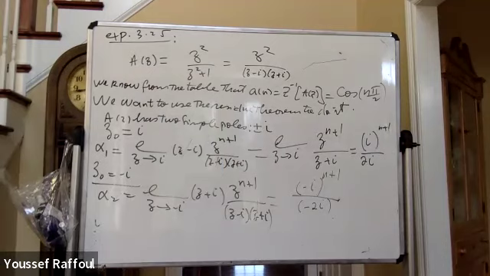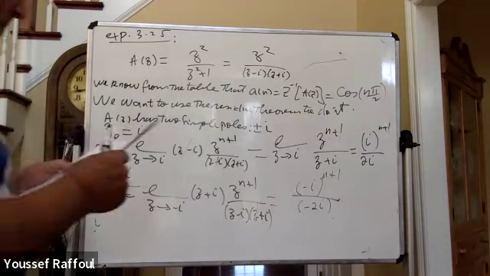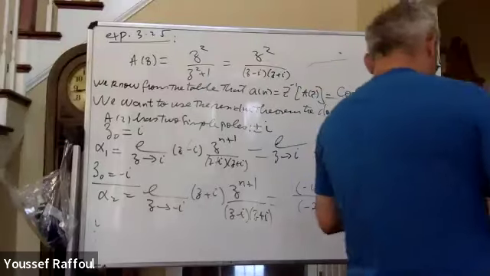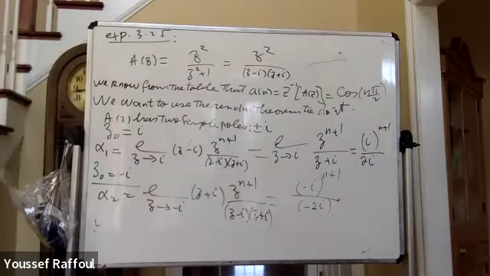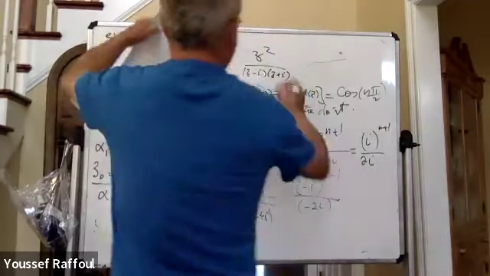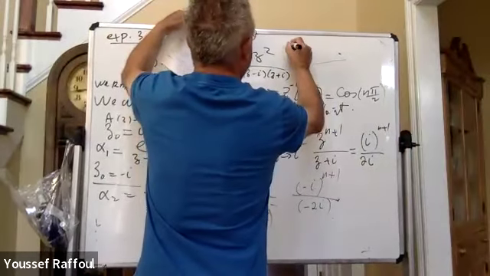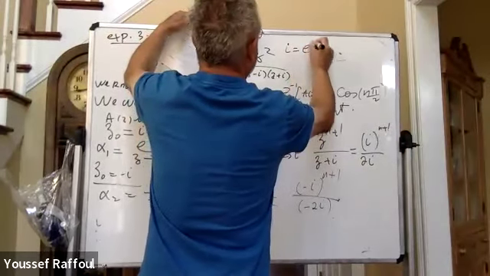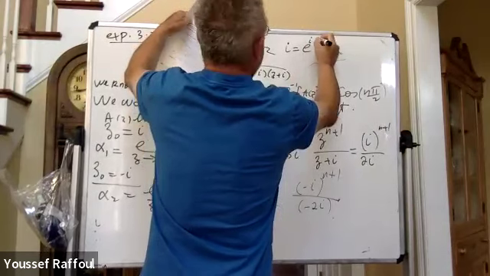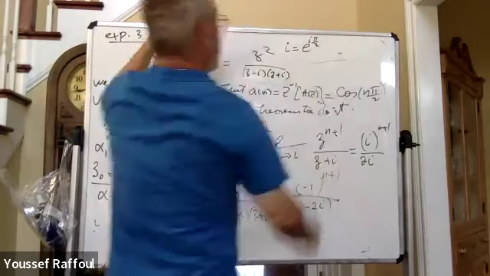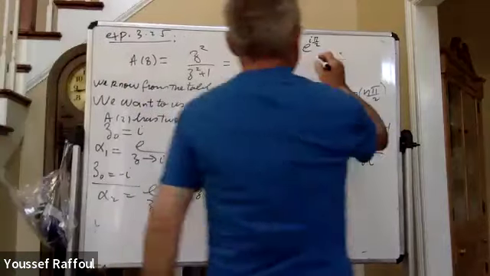All right. Well, what do we know? We know that i is e to the i pi over 2. Why?